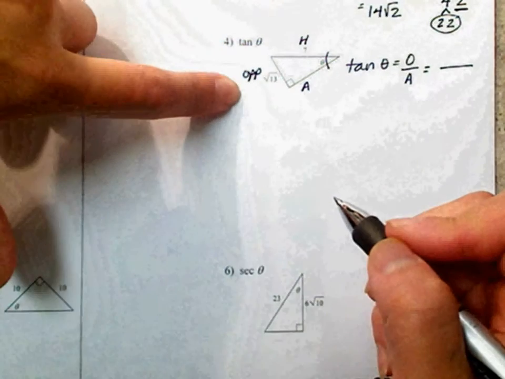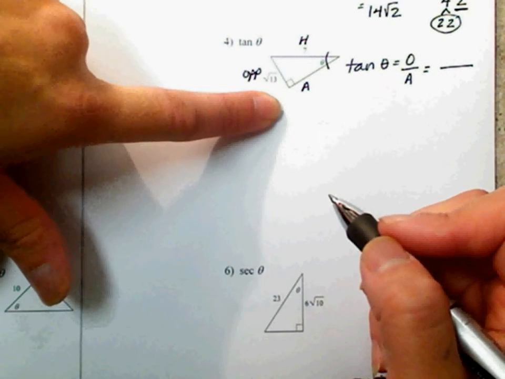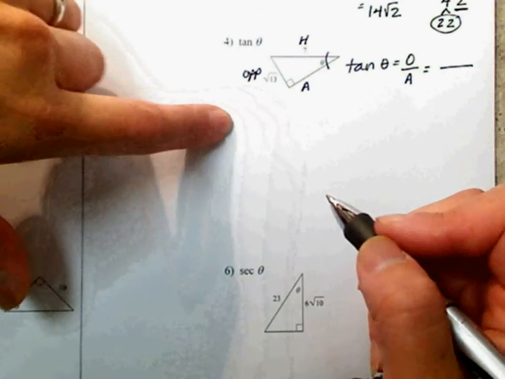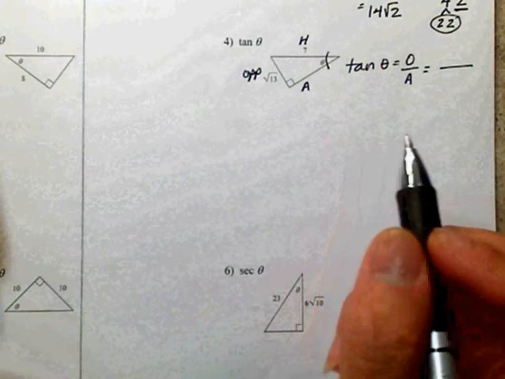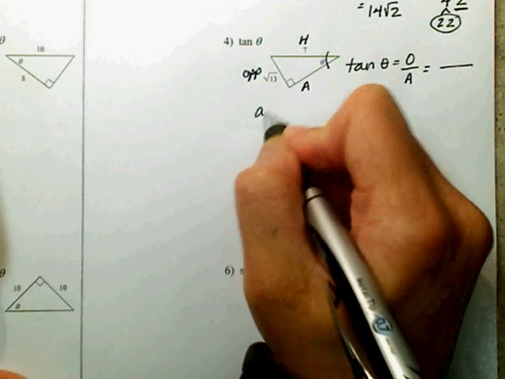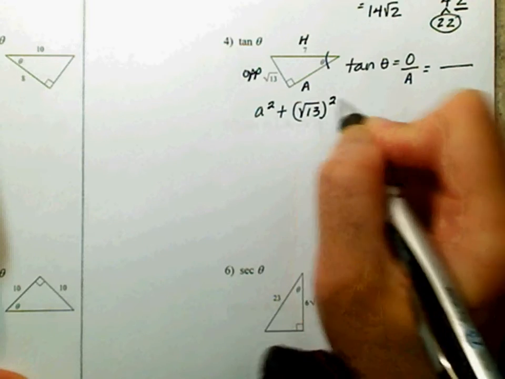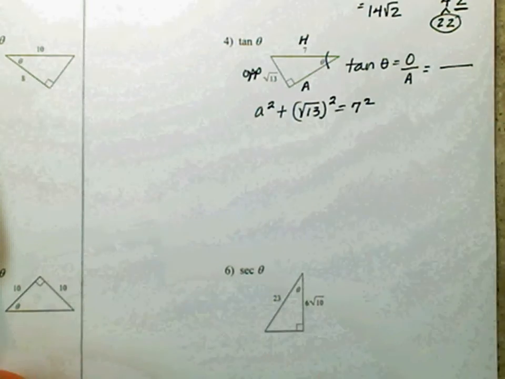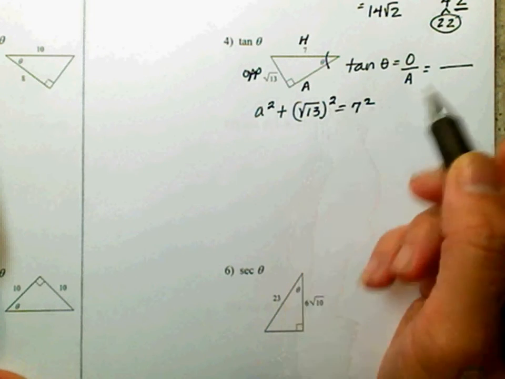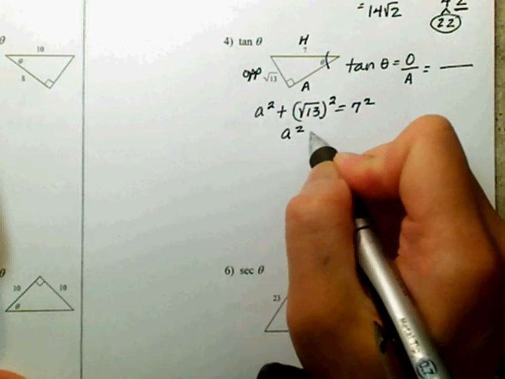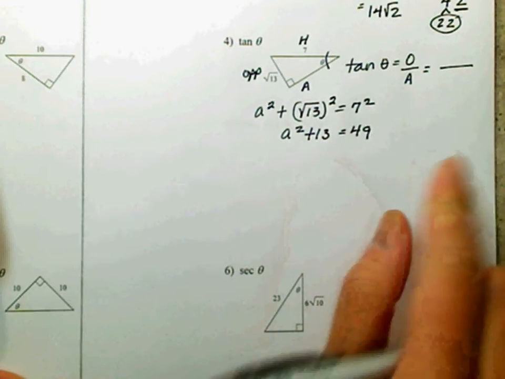Like number 2, you do not have the length for your adjacent. You're going to have to use your Pythagorean theorem. A and B are interchangeable. So you have a squared plus square root of 13 squared is equal to 7 squared. A square root and a square are inverses of each other. So you have a squared plus 13 is equal to 49, or you can do it all in one step.